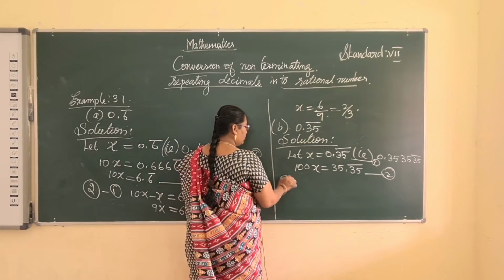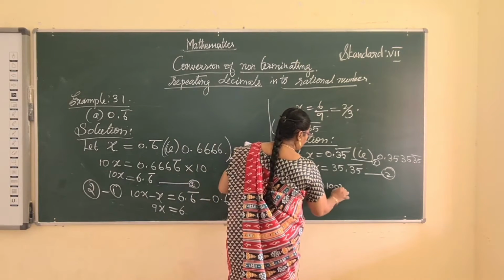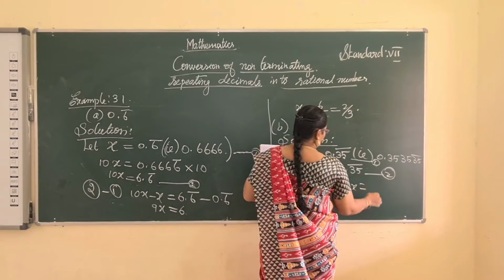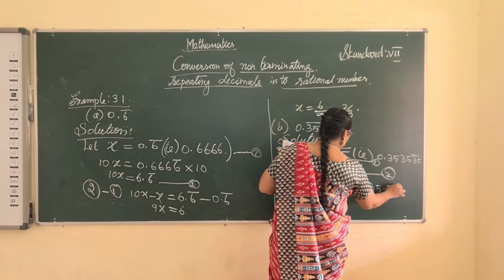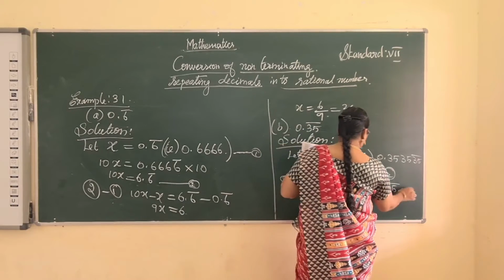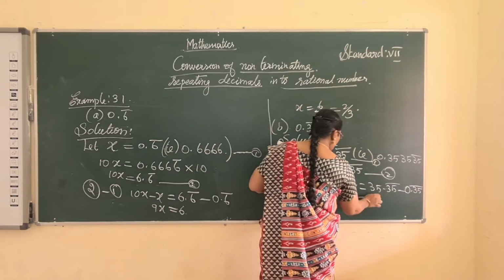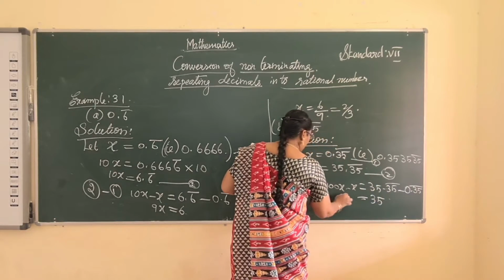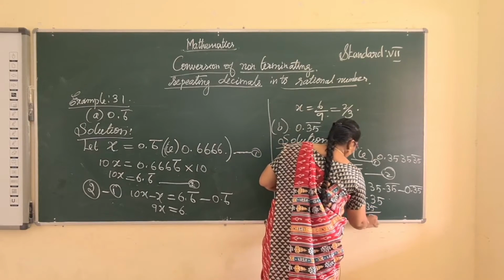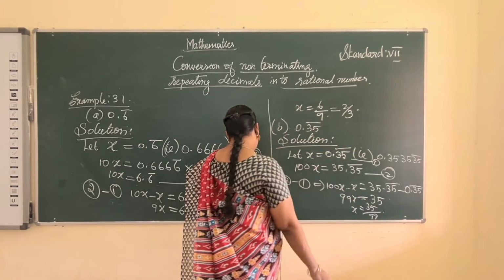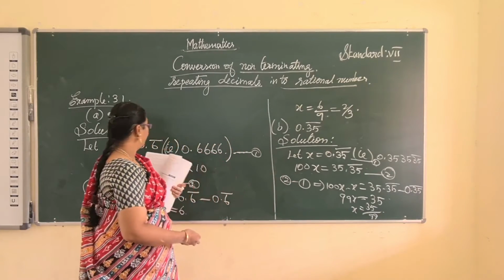As usual, 2 minus 1: 100x minus x equals 35.35 bar minus 0.35 bar. Subtracting, we get 99x equals 35, so x equals 35 by 99. That's all. See the next one.